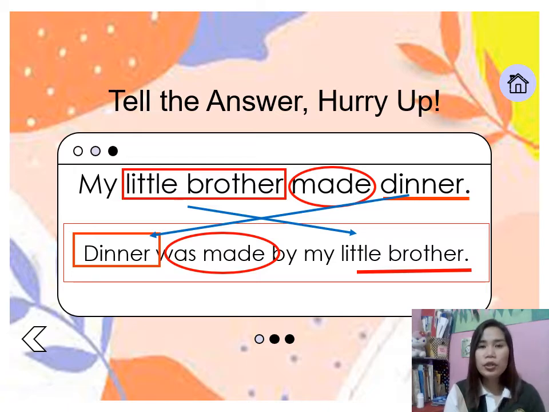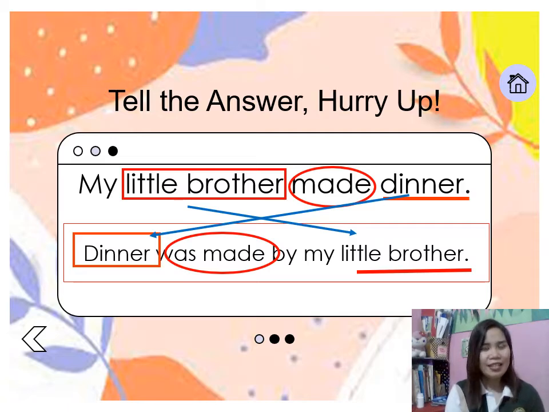But dinner is not the doer of the action. So in sentence number 1, if you have noticed, little brother is the one performing the action. While in sentence number 2, dinner, which is the subject, is not the one performing the action. It is still the little brother.